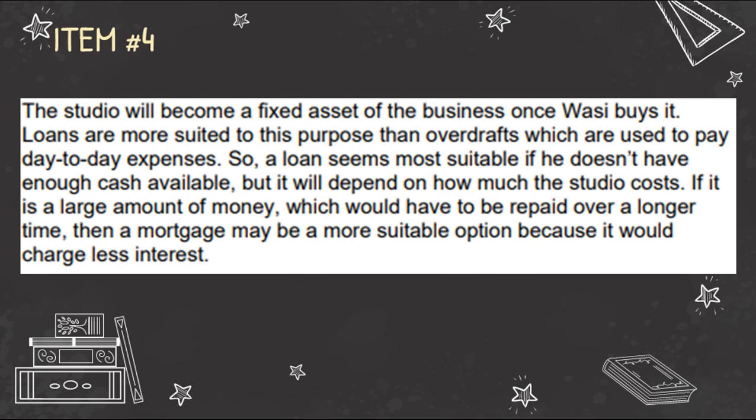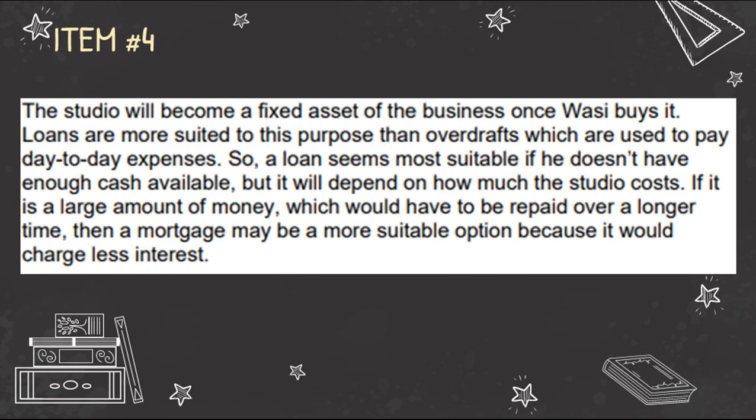Once WASI could determine the cost of the studio, then that's the time for him to decide if it's going to be a loan or not. If it is a large amount of money, which would have to be repaid over a longer time, then a mortgage may be a more suitable option because it will charge less interest.